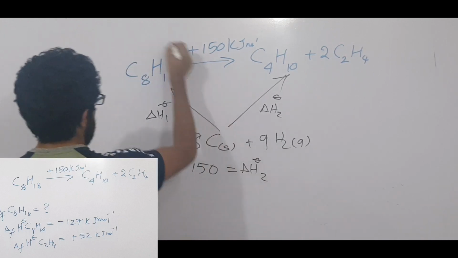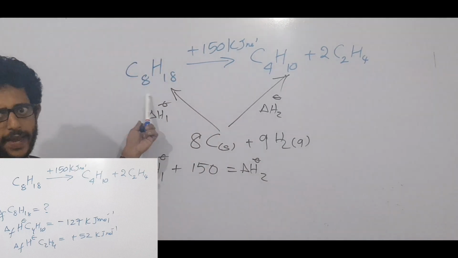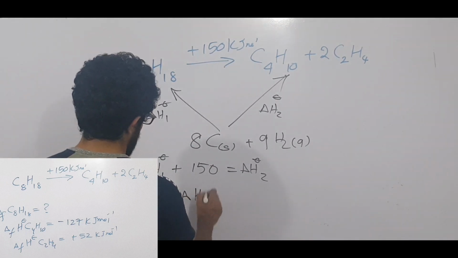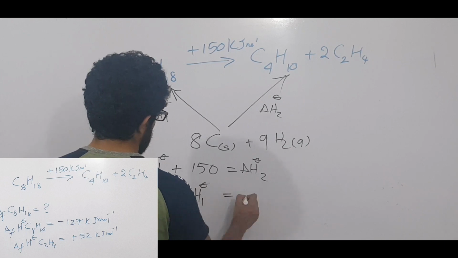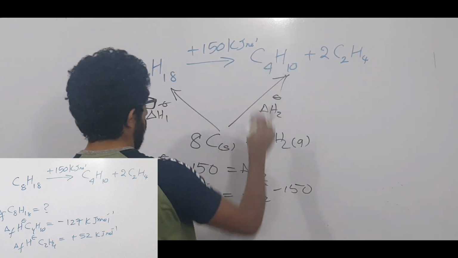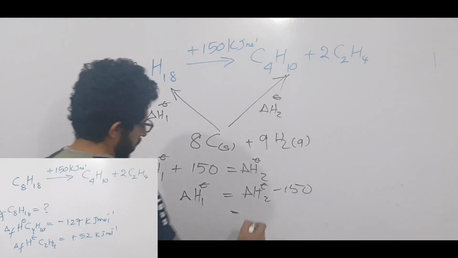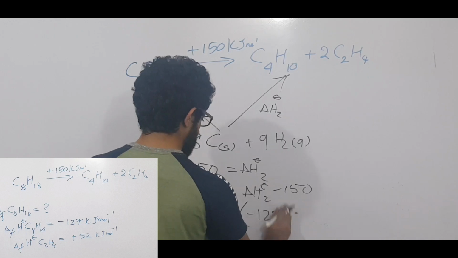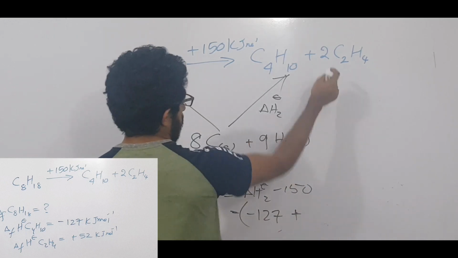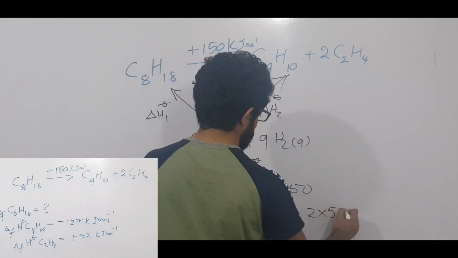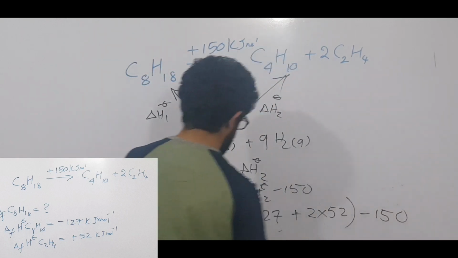Now what we need is the formation enthalpy of C8H18, so we need delta H1. So delta H1 equals delta H2 minus 150. Delta H2 is C4H10, whose value is minus 127, plus 2 into C2H4, whose value is plus 52, minus 150.